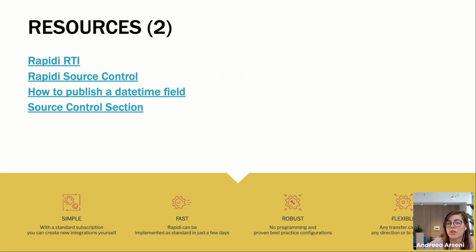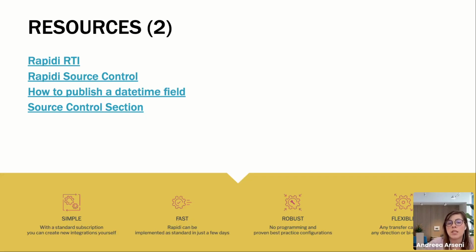And the resources specific to the session, so I've added here a few links. The first one is about the Rapidi RTI, more details about it and what it means and how it works. Then the Rapidi source control, how it's being used, and how you need to use it. Then also another article about publishing a datetime field. I added this one because before I mentioned that there are systems where you do need to publish it and deploy it into your production environment.